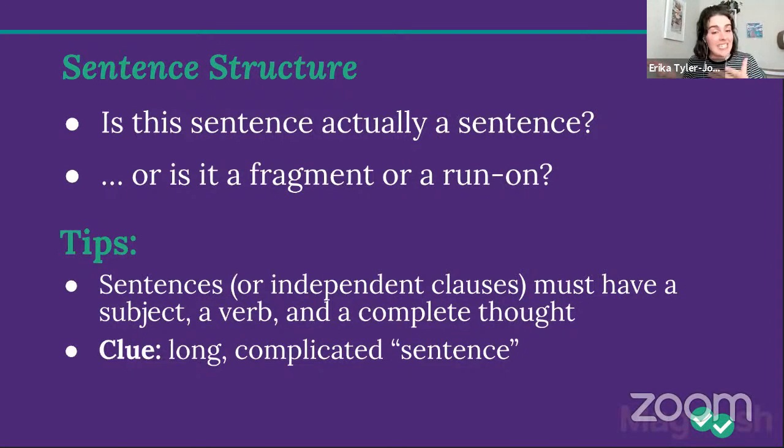When the SAT is doing this, they want to make it hard for us. So what they're typically going to do is make this sentence so convoluted. It's going to be like 5 lines long. It's going to have a million commas, and it's going to make you, as you're reading it, just go, okay, fine. And just kind of want to believe it's a sentence because you don't want to read and decipher it.